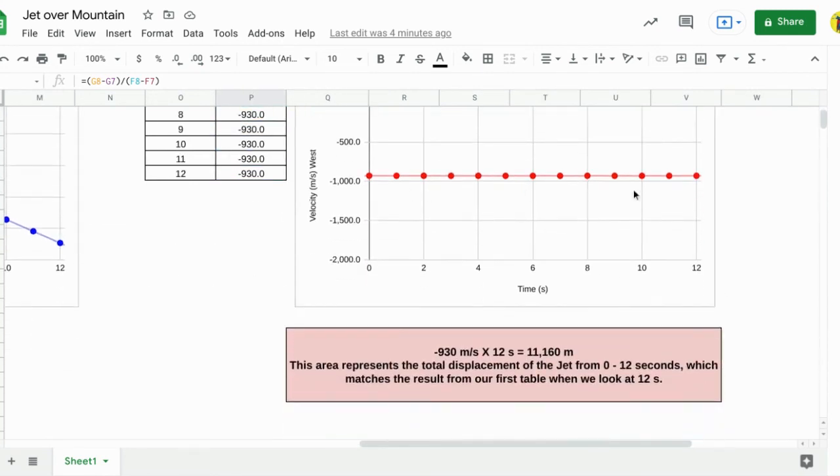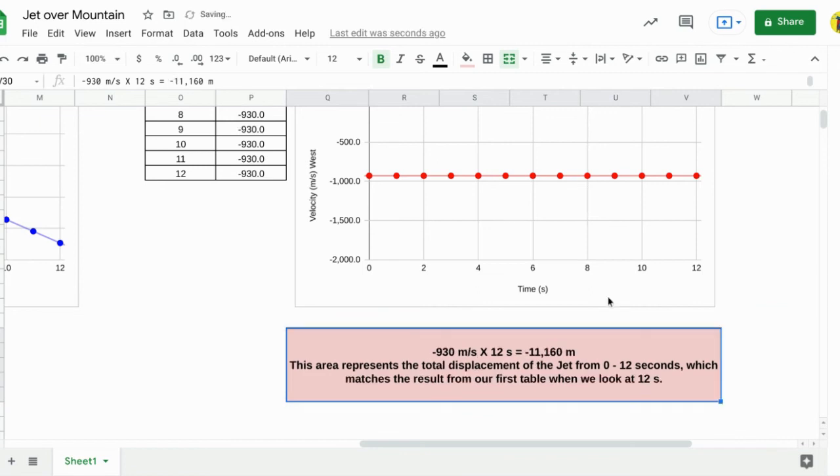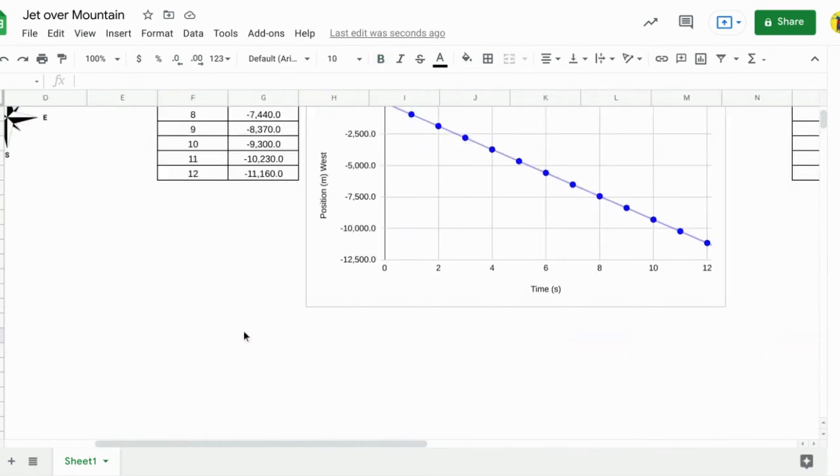If we figured out the area under here, we'd have negative 930 meters per second times 12 seconds, which gives us 11,160. I should put a negative in there. Let me fix that right now. Negative 11,160 meters. That area represents the total displacement. And when I check on my chart over here, it matches.